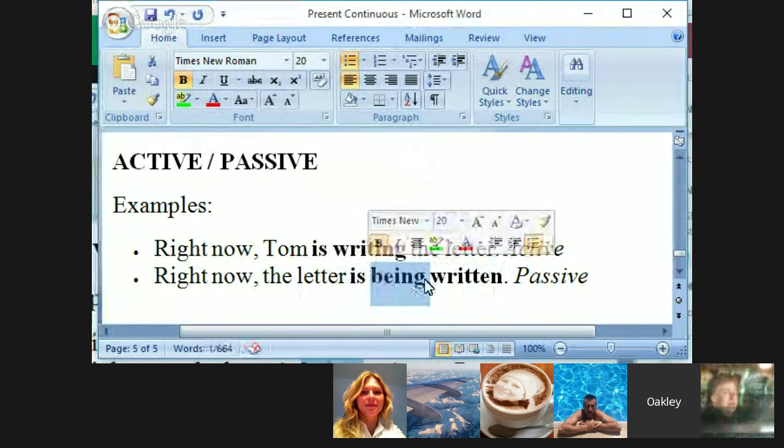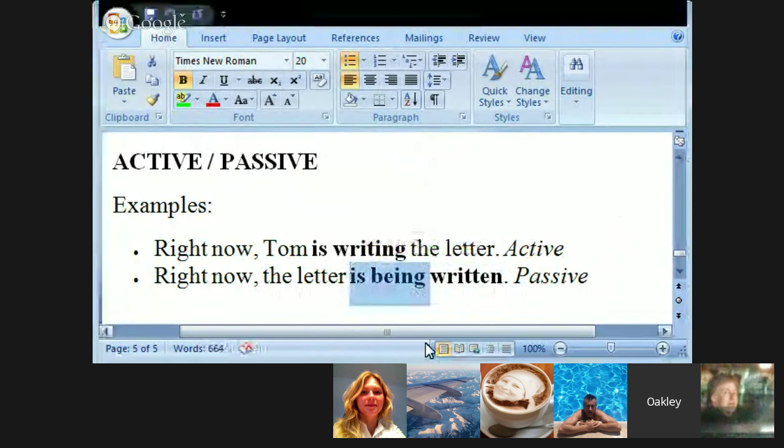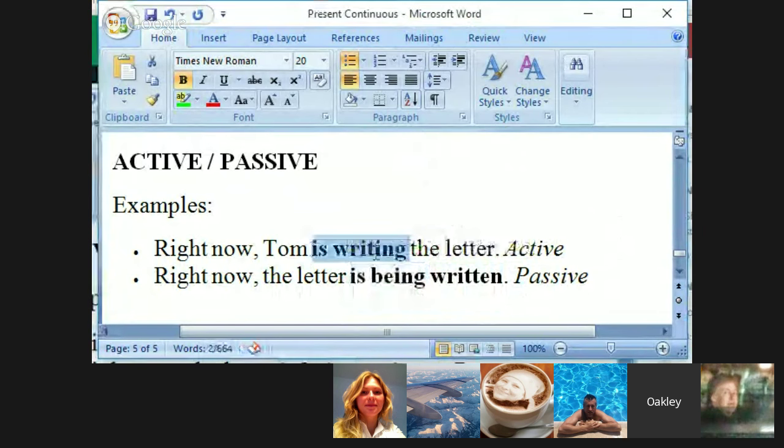Is writing, is being. Okay, see how this reflects the active is writing, is being. This is how passives work. We use the verb to be to reflect what the verb tense is, and then the main verb is always the past participle of the verb.